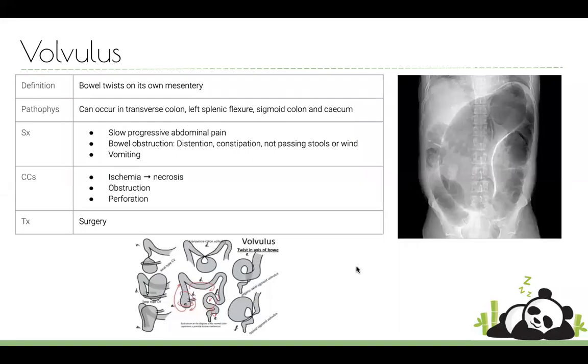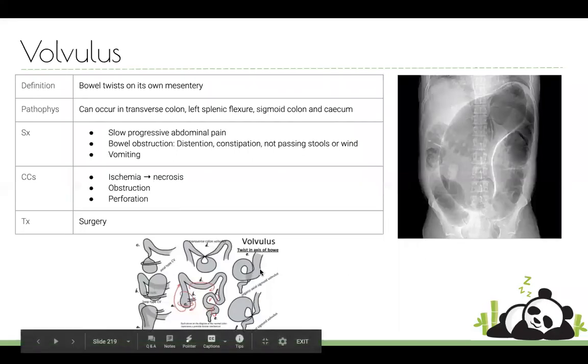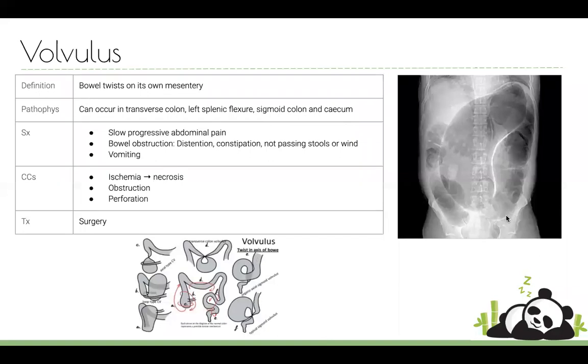This is a volvulus. A volvulus is when, as you can see here, the bowel actually twists on itself. And because of that, it obstructs itself. It usually happens in the sigmoid colon or the cecum. And you know this one is a sigmoid one because, remember, your large intestine starts here on the right side, goes up, across, down to your left, and then goes to your rectum here.